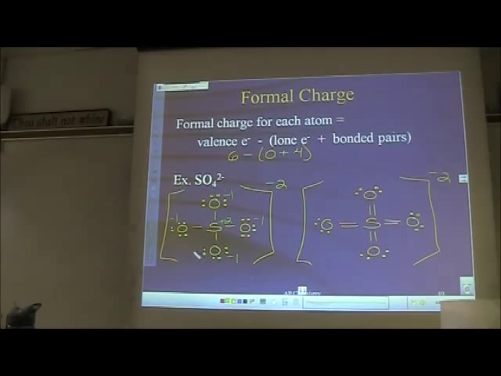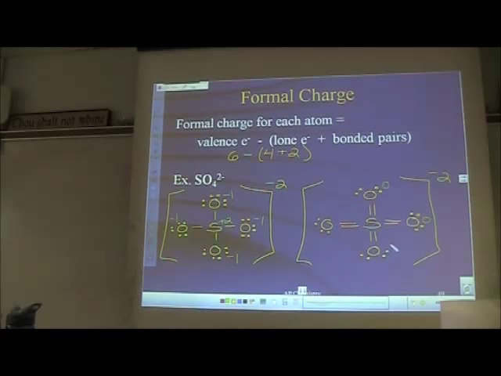Okay? Let's do the same thing for this structure. Leave that 6 where it is. The other numbers are going to change though. For this oxygen, what's it going to be? 6 minus what? 4 plus 2. So that's a 0. Is this oxygen the same as that other one? Yep. 0.